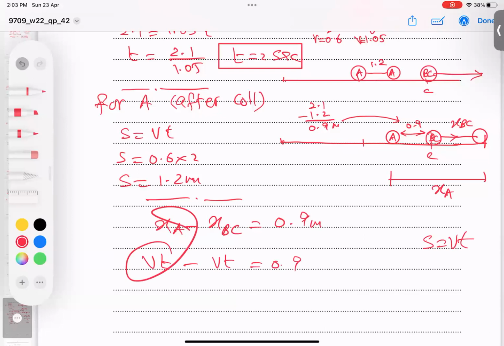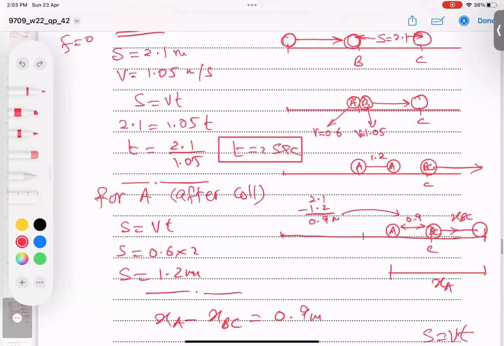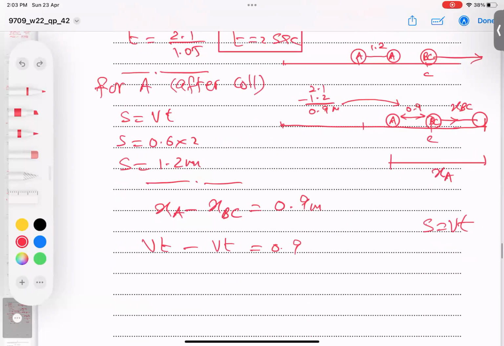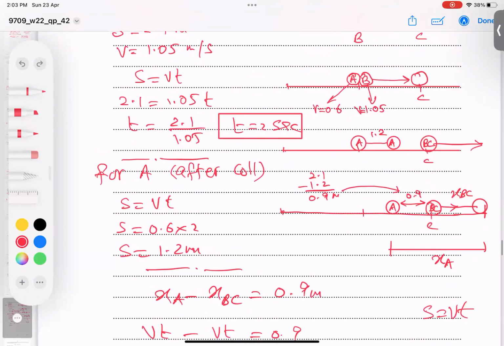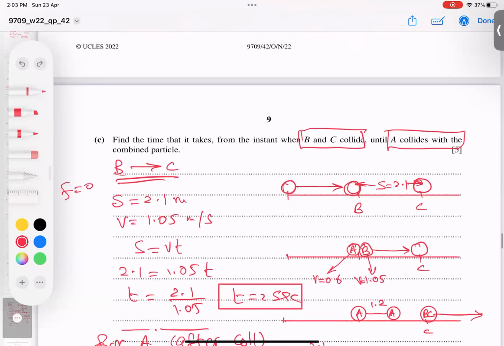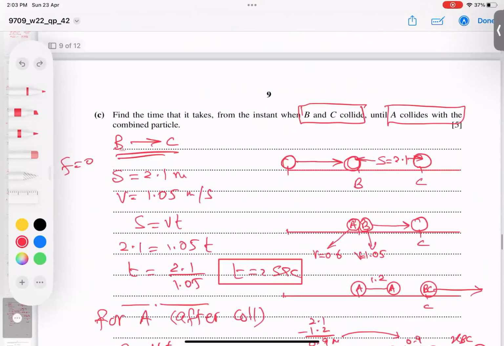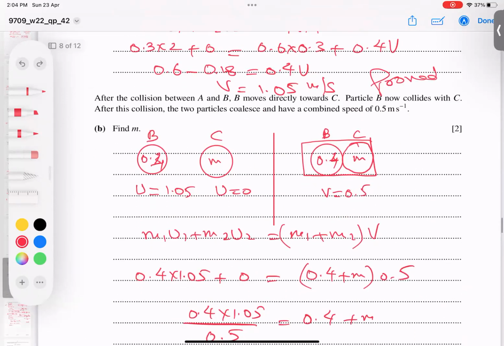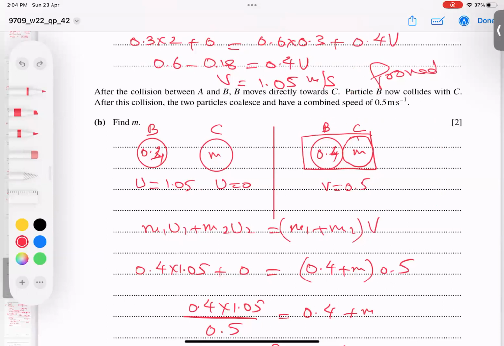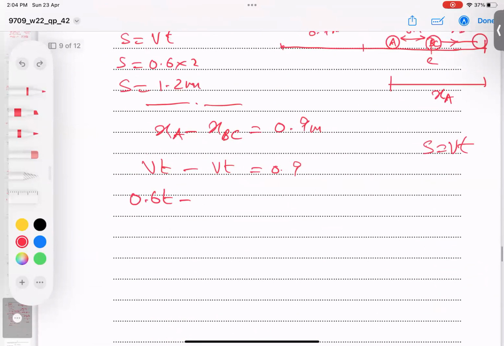For A, the velocity after losing speed is 0.6, so 0.6 times T. And the combined velocity of both particles after collision, BC, is 0.5, so 0.5 times T.